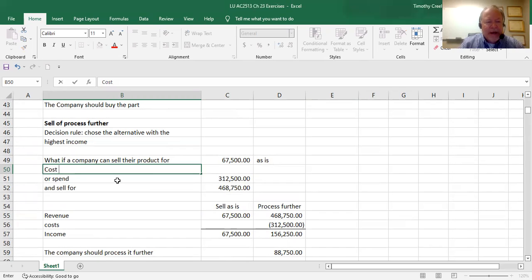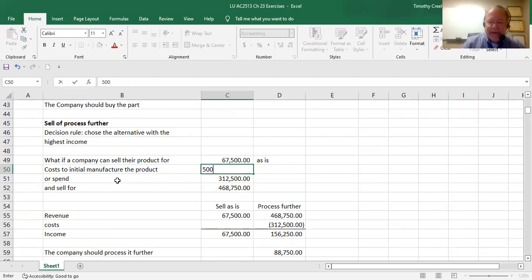Let's say it cost them to initially build or manufacture the product $50,000. So they spend 50,000, they can sell it as is for 67,500, or they can spend another 312,500 and sell for 468,750.